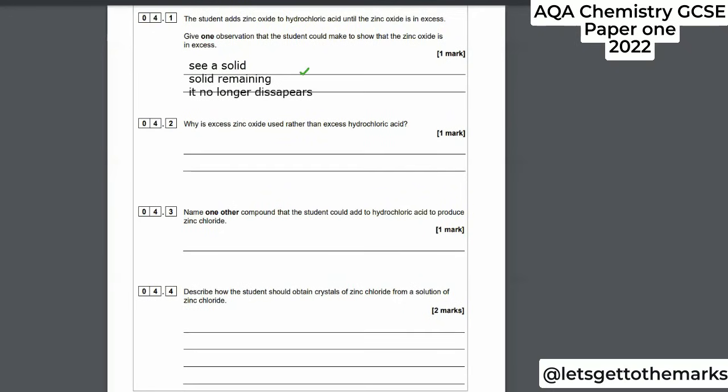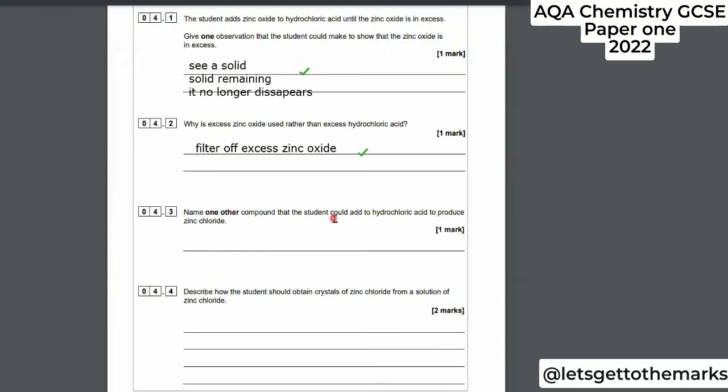So let's go. Why is excess zinc oxide used rather than excess hydrochloric acid? So it's much easier afterwards. You can filter off excess zinc oxide.